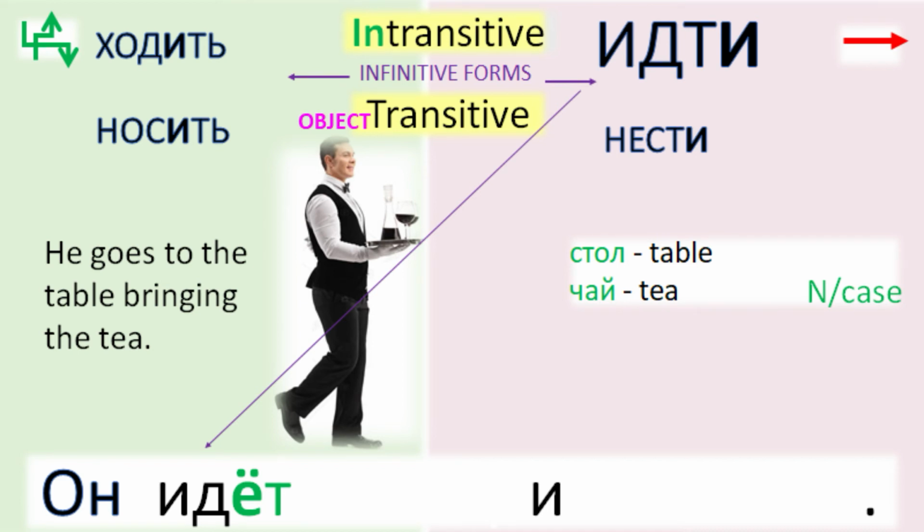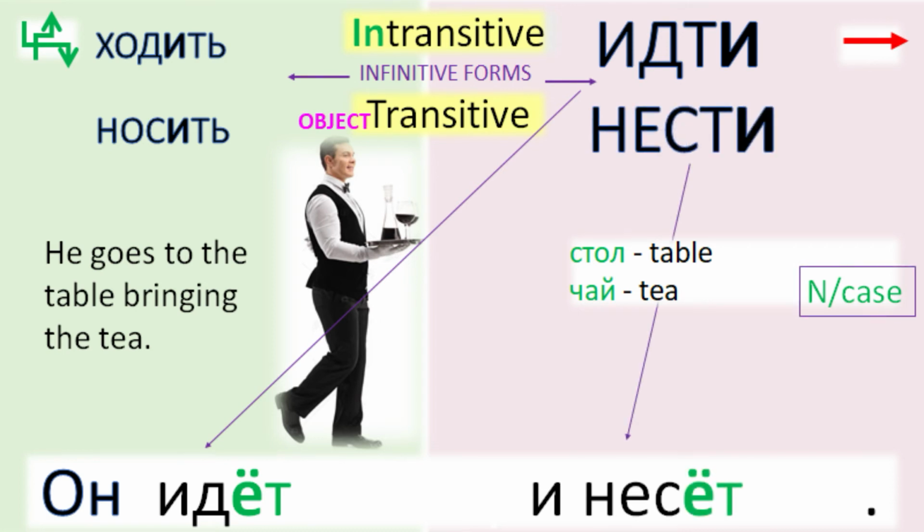Unidirectional form of verb showing one direction. Он идет и несет. Note that if in one sentence there are two verbs of motion, then they both should be multidirectional or unidirectional at the same time.